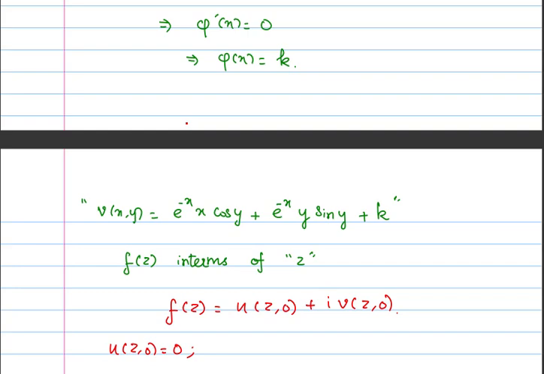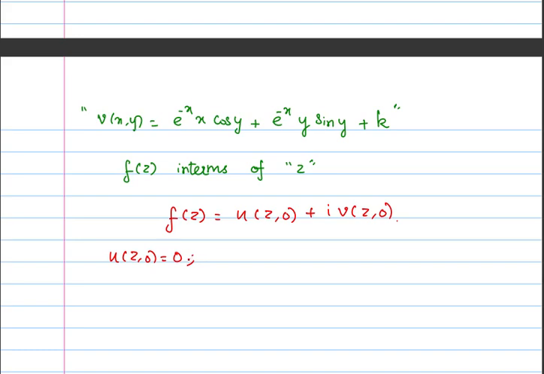What is v of z, 0? v of z, 0 is e^(-z) times z, since cos 0 is 1. This other term is 0 only, correct?